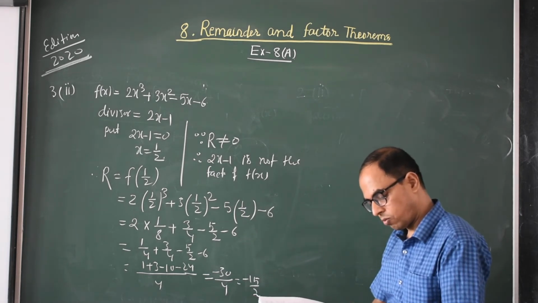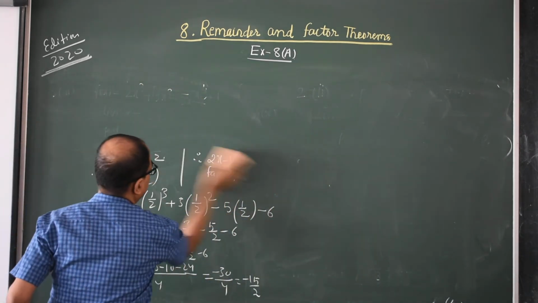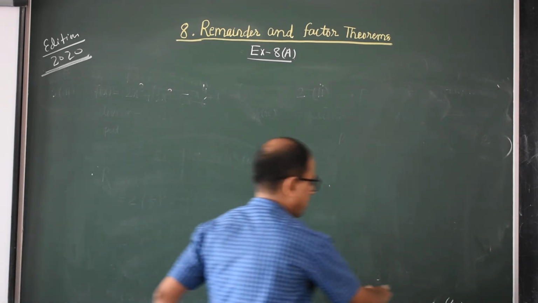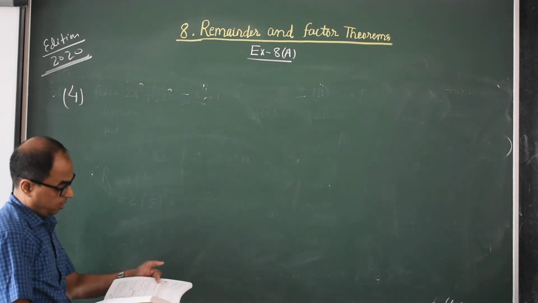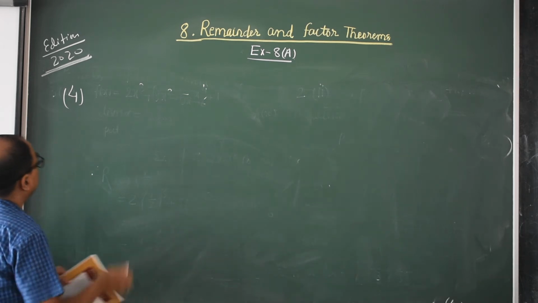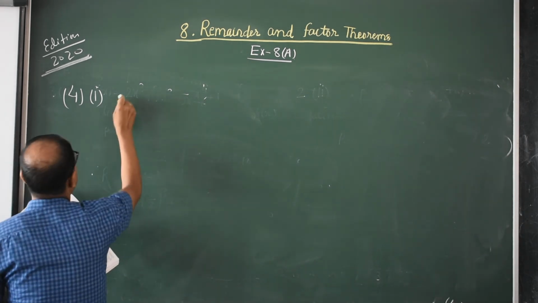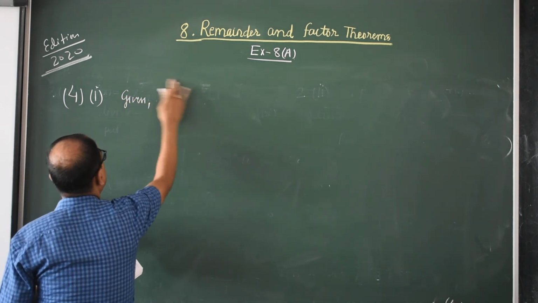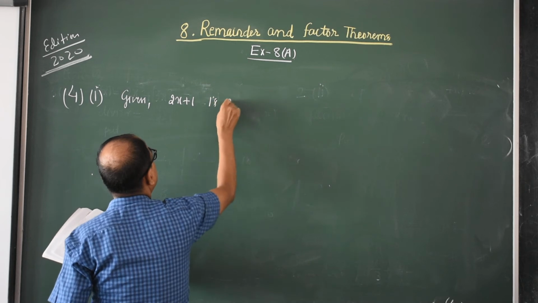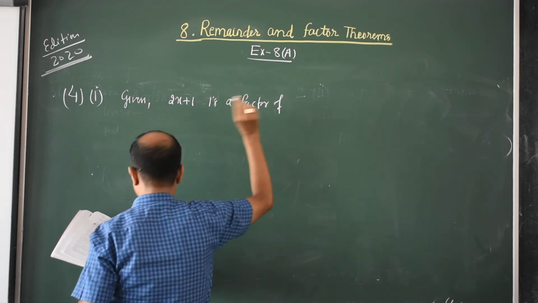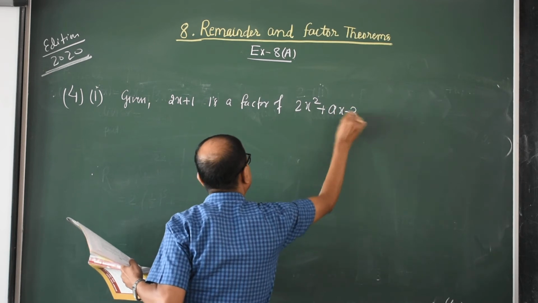Now question number 4, bit 1. Given 2x plus 1 is a factor of 2x square plus ax minus 3.